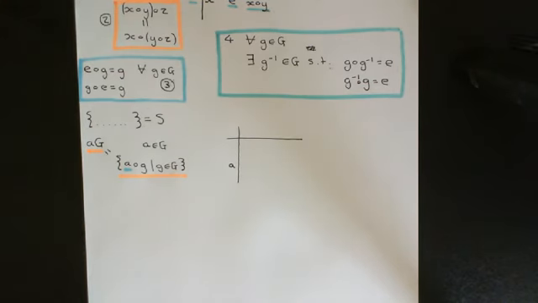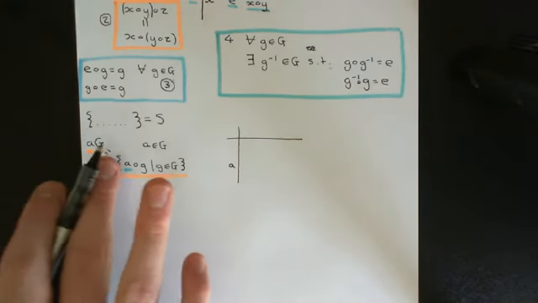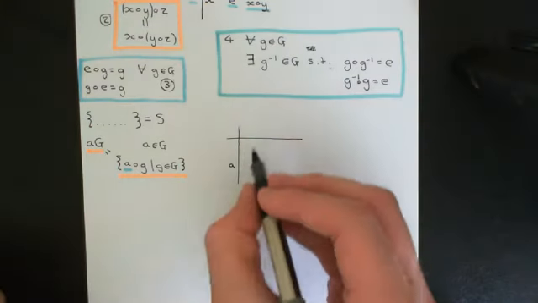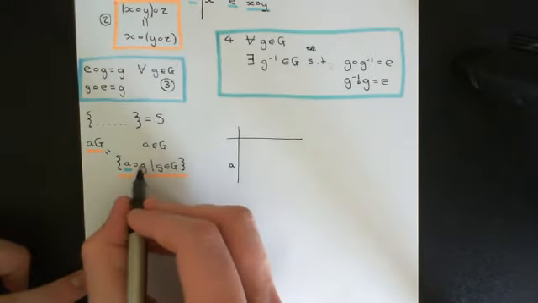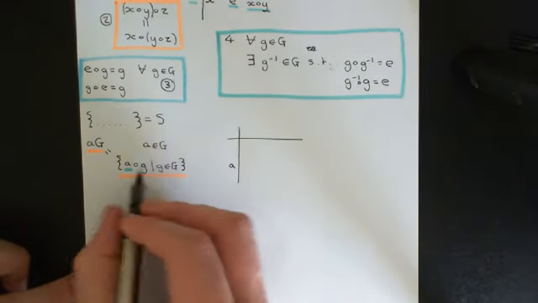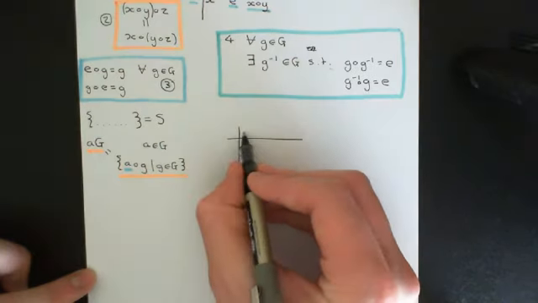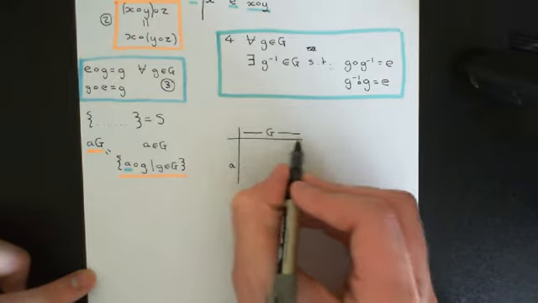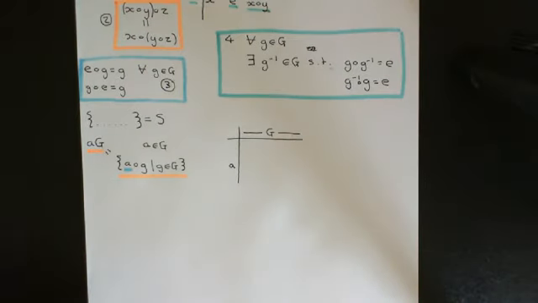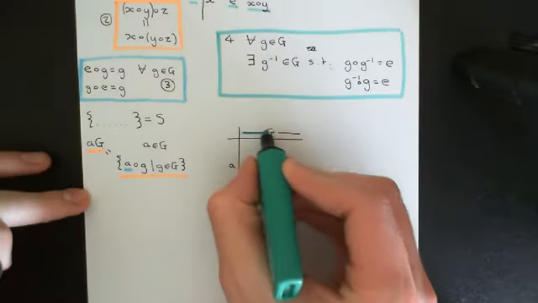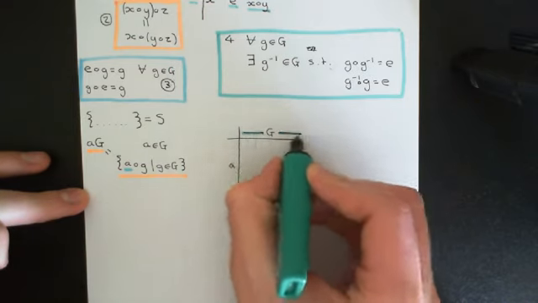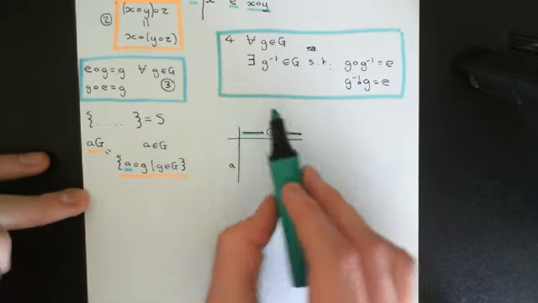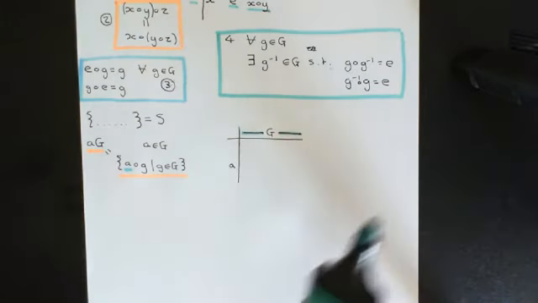Now, the nice interpretation for aG, this set that I've just defined for you, is that we are taking every little g as an element of capital G, and we are left multiplying it by a. Every little g that is an element of capital G has a column dedicated to it up here. So over here you will have every single element of capital G at some point along here. So every element of capital G will have a column dedicated to it. We know that.